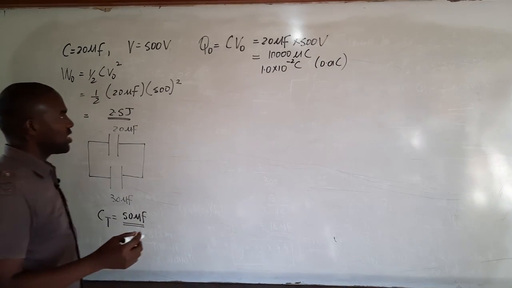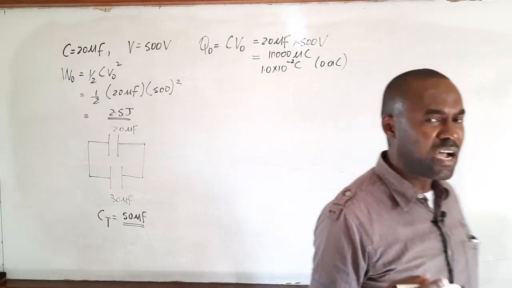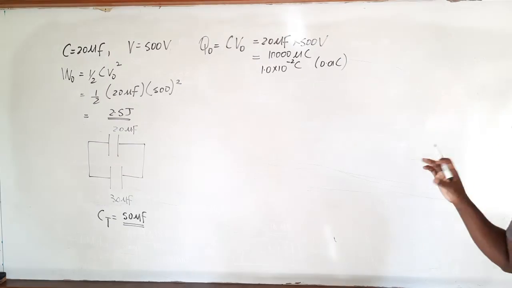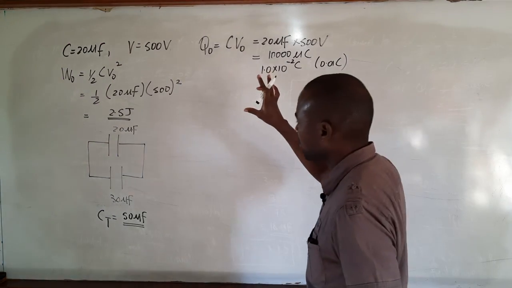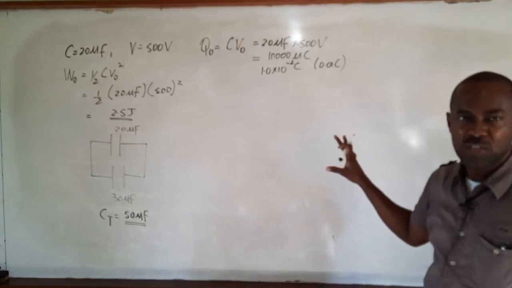And so that is the initial charge stored. Now, when these two capacitors are connected in parallel, the charge will be conserved. So the total charge that was stored on the one capacitor will now be stored in total by the two capacitors. So this is still going to be the total charge stored.